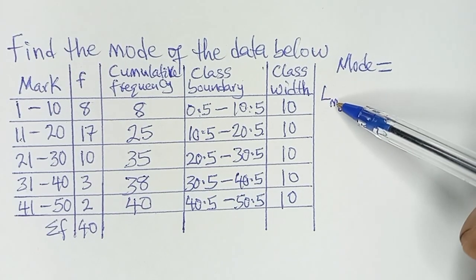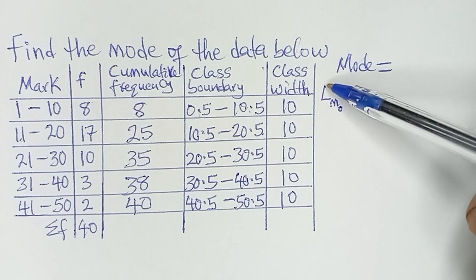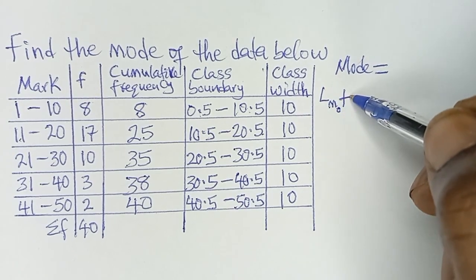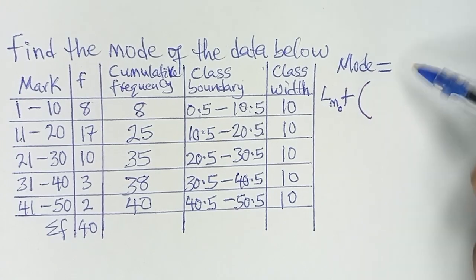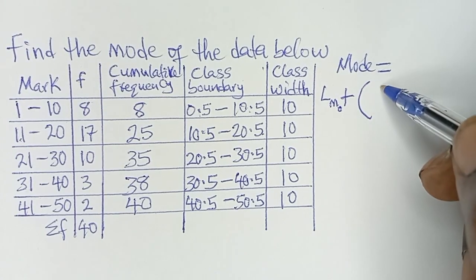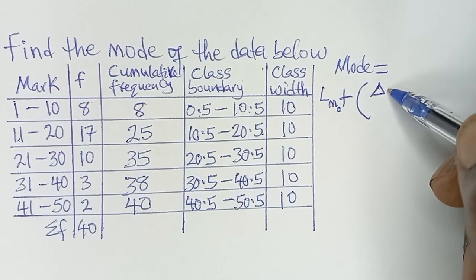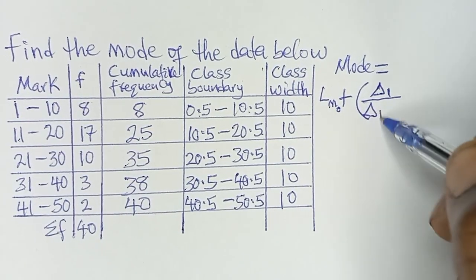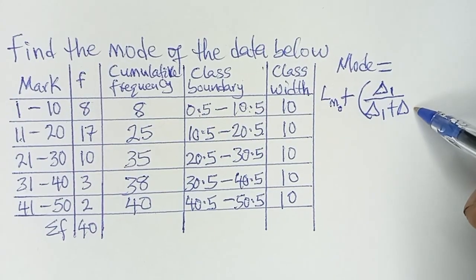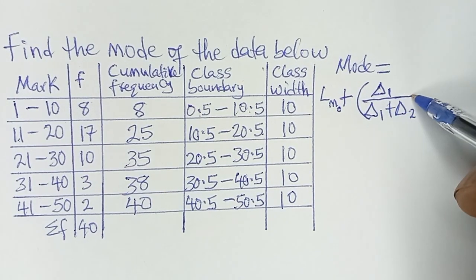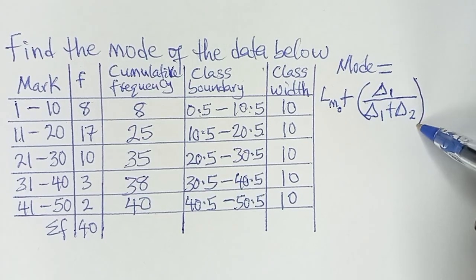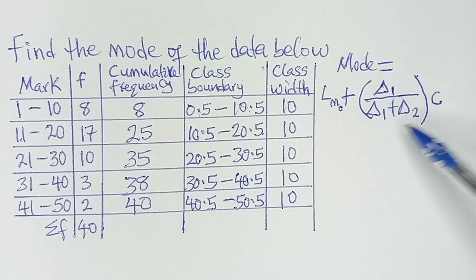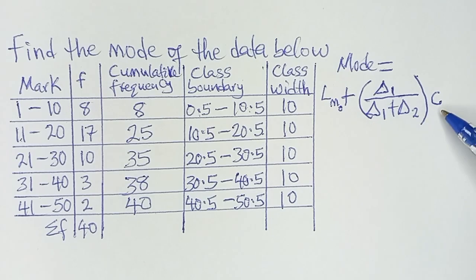So this L subscript MO is the lower class boundary of the modal class plus, brackets open, the change in frequency 1 divided by the change in frequency 1 plus the change in frequency 2, and then everything multiplied by the class width. So this is the formula for the mode of group data.